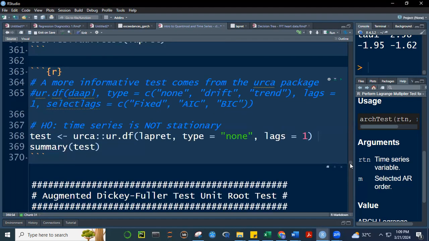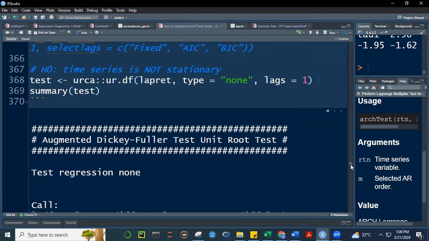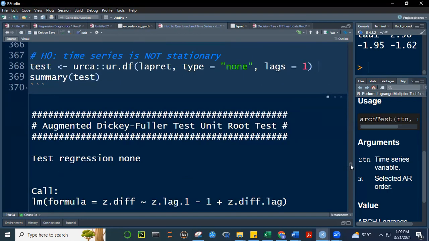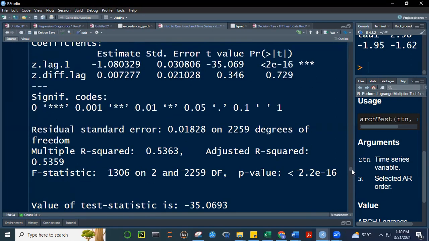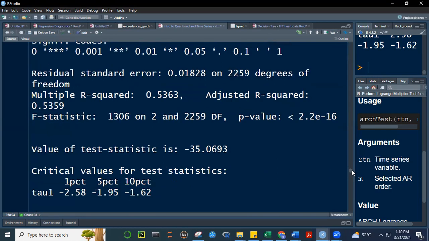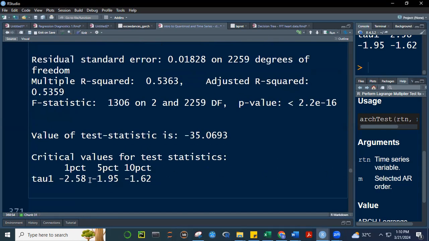The null hypothesis is that the time series is not stationary. If you take a look at this, what's important for us are the test statistic and the tau values.